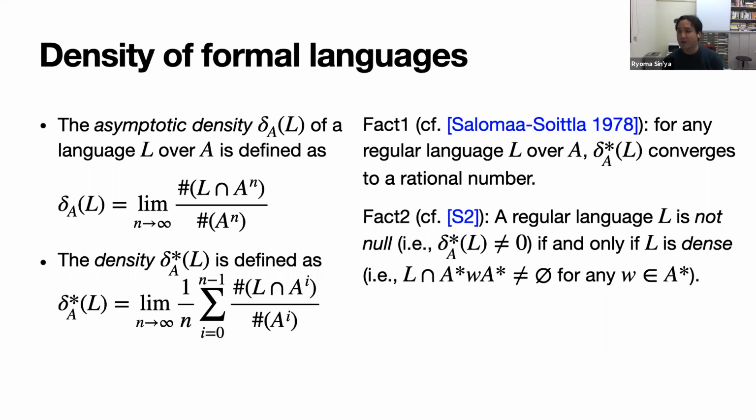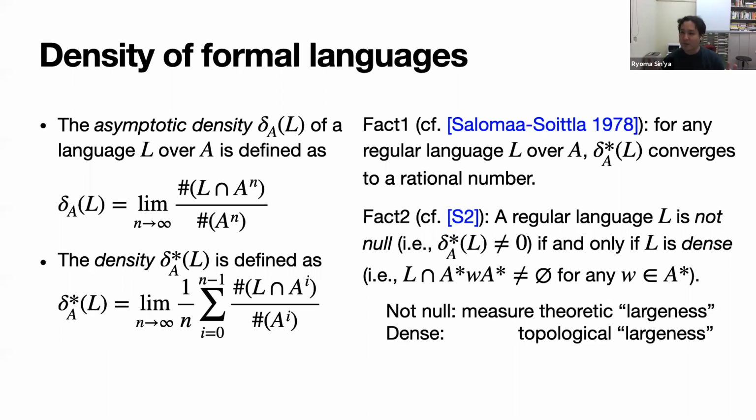Here, a language is called null if its density is 0. And this fact 2 states that a regular language L is not null if and only if L is dense. In this sense, L is dense means that it intersects with the ideal language generated by any word W. Okay.